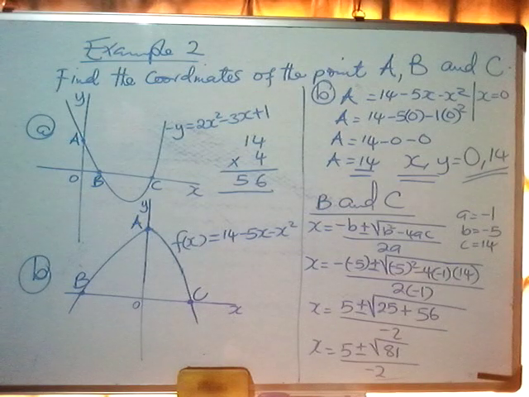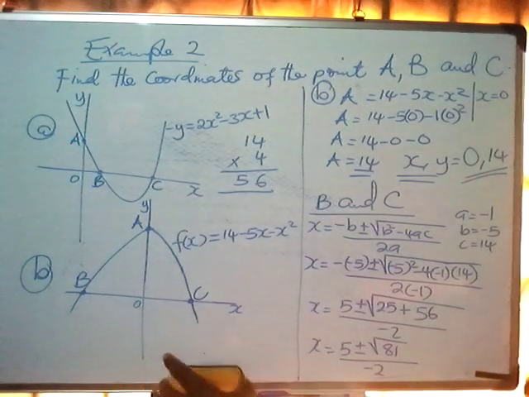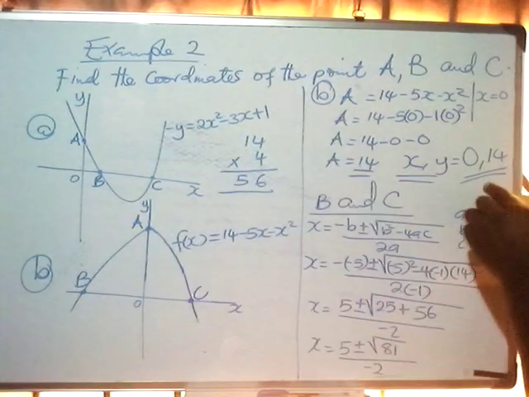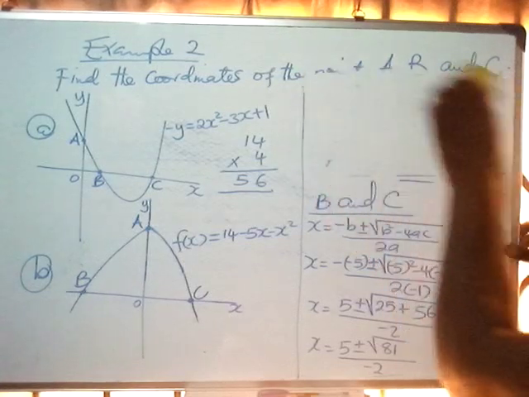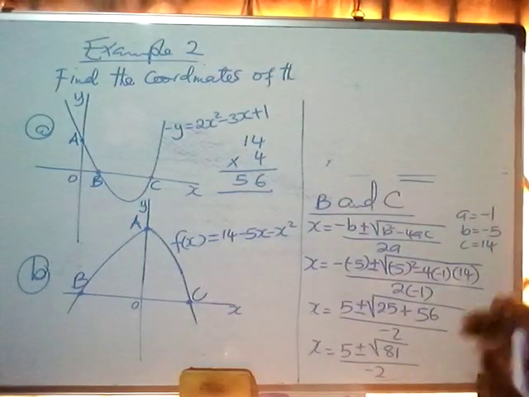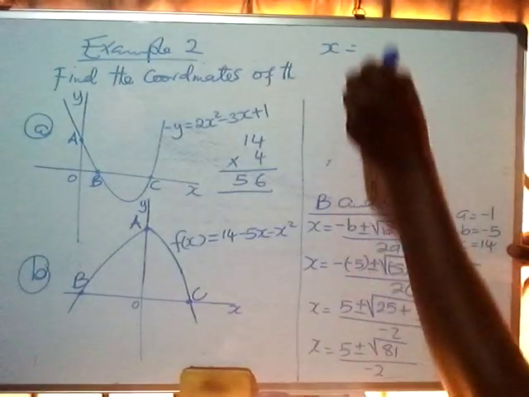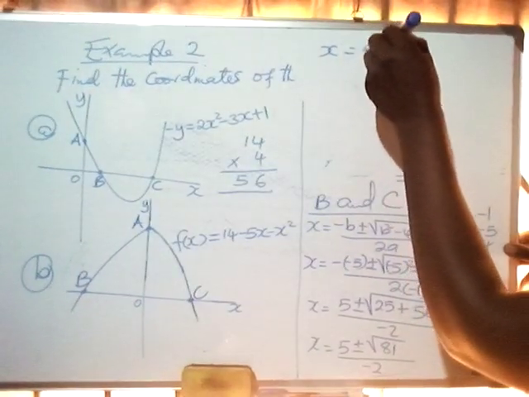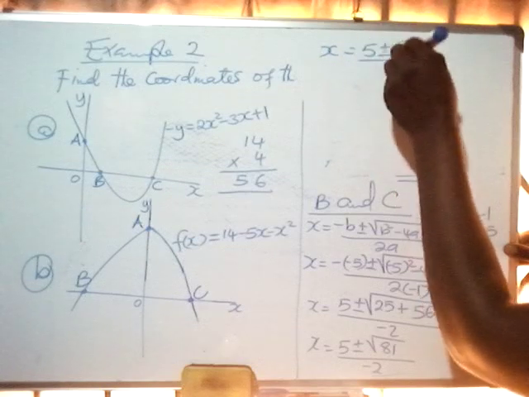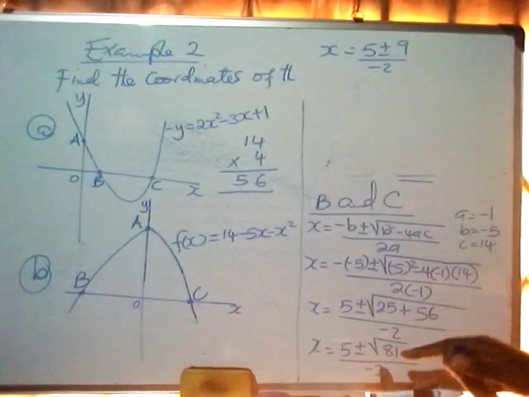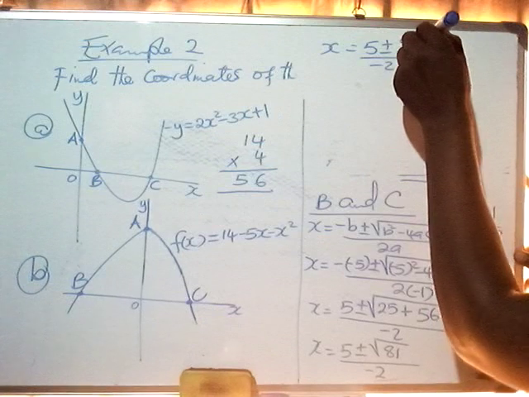Okay. Let me write it on top. Since this one has been found already, let me write it on top. So we have x is equal to 5 plus or minus 9 over negative 2, because the square root of 81 is 9.